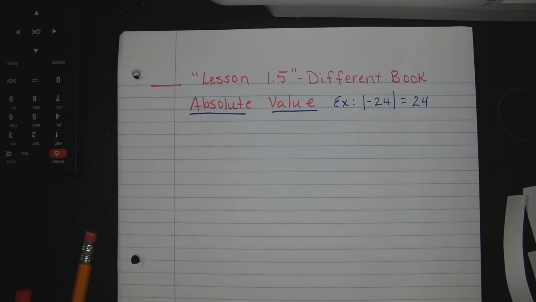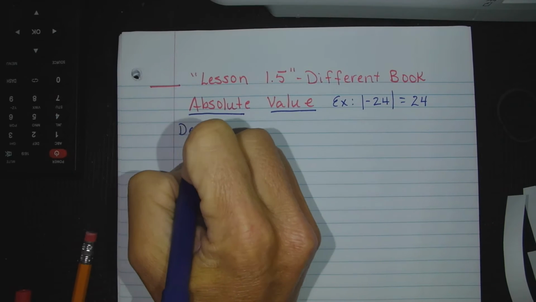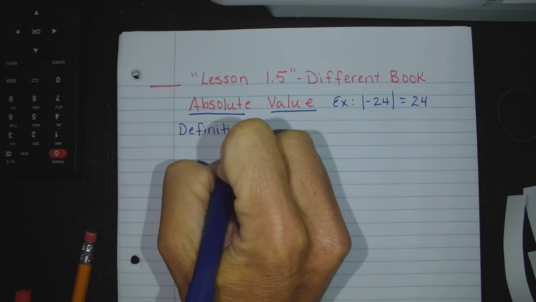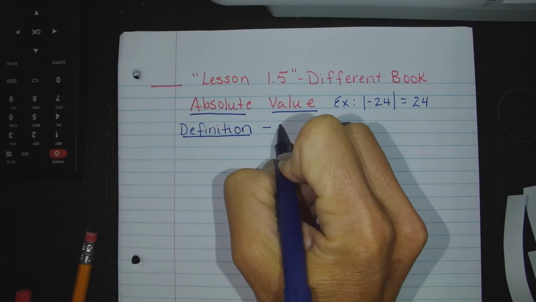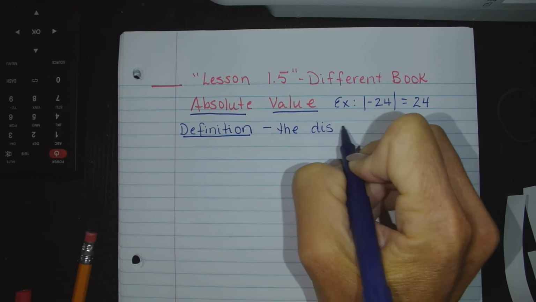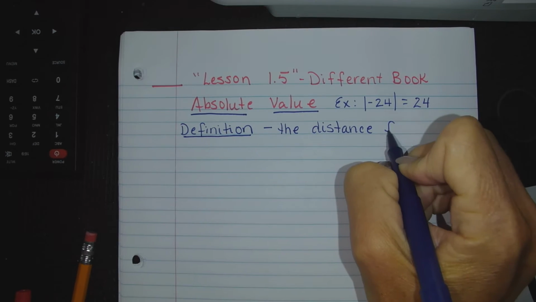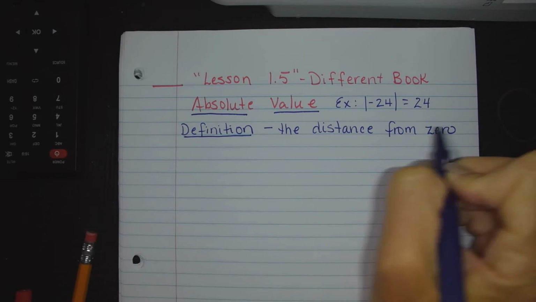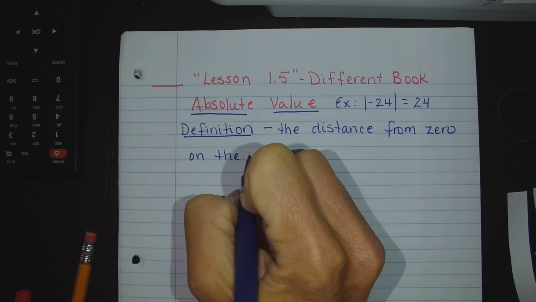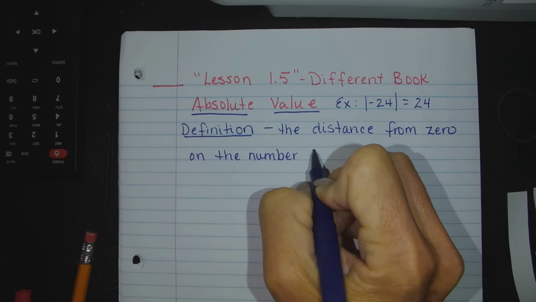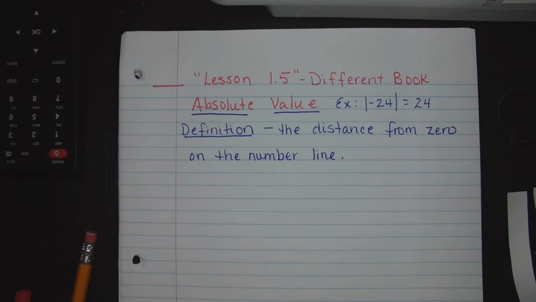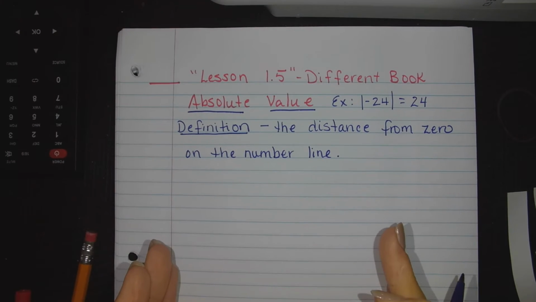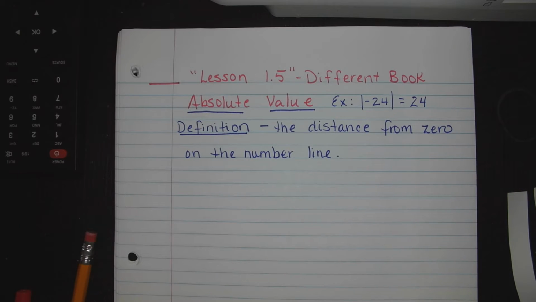Positive. Now, absolute value actually has nothing to do with positive or negative. It has to do with the distance from zero. Okay, so the definition: we're talking on a number line from zero, okay?